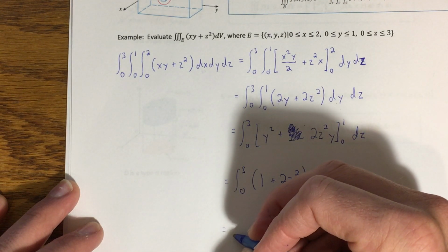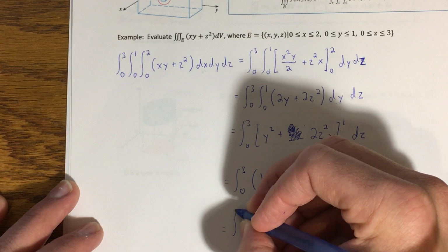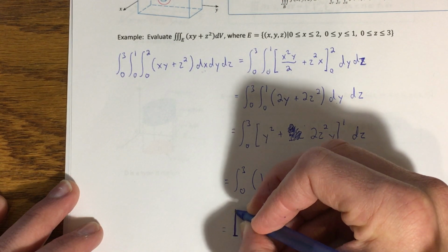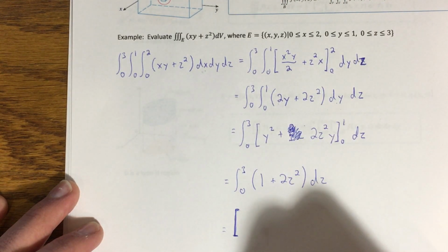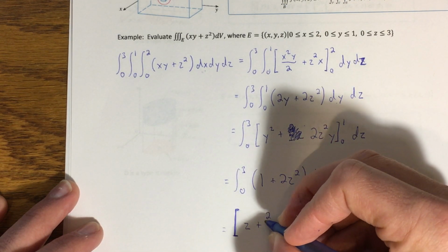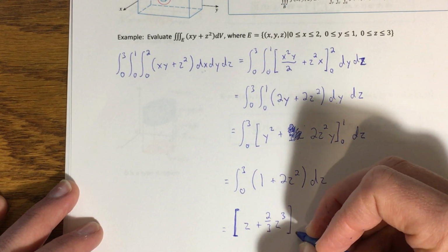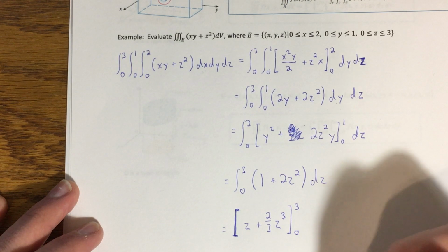One last integral to evaluate. Let's just go straight to the answer here. Integrating with respect to z, so that 1 is going to become a z. This will become plus 2/3 z cubed. There's my 2/3 z cubed. This goes from 0 to 3.